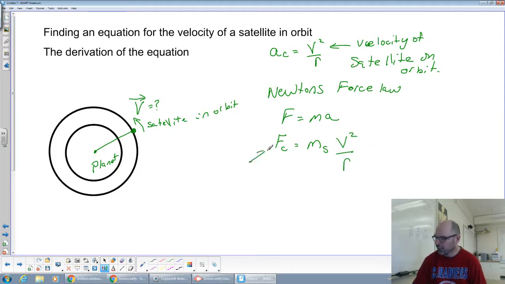This is a circular force outward, and this is the mass of the satellite.